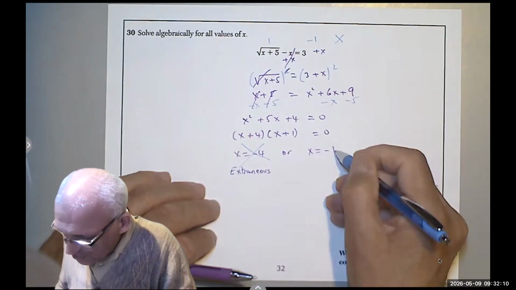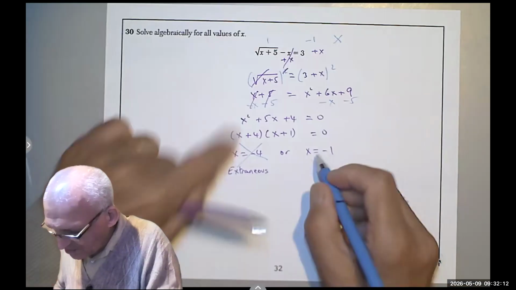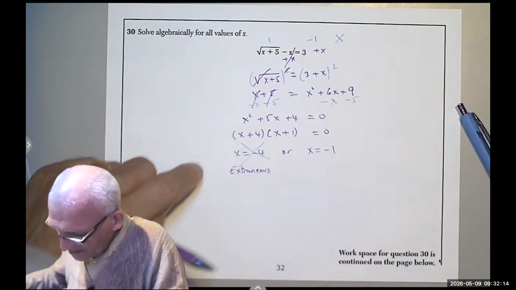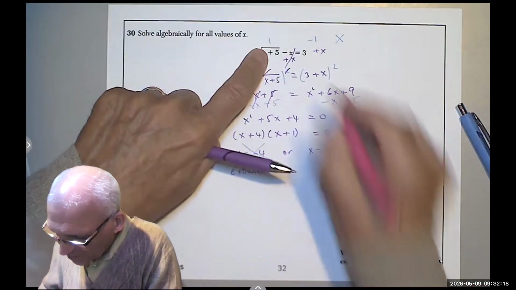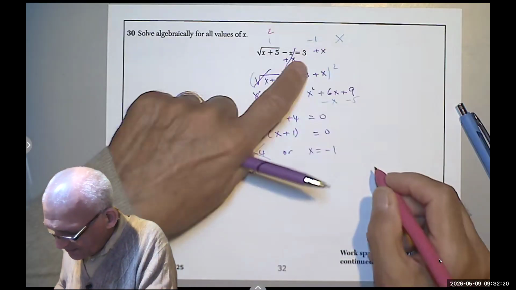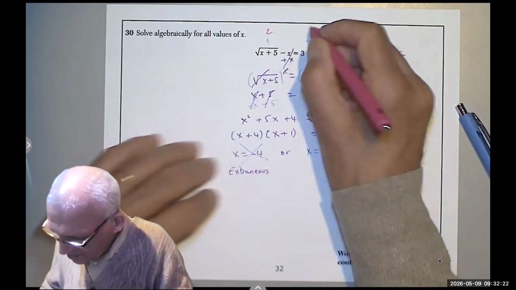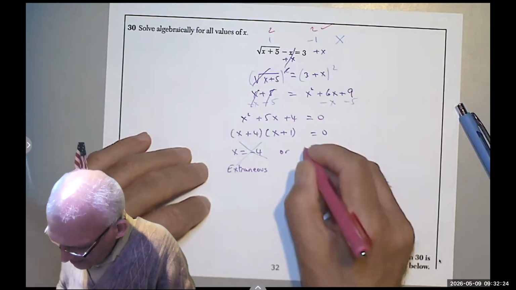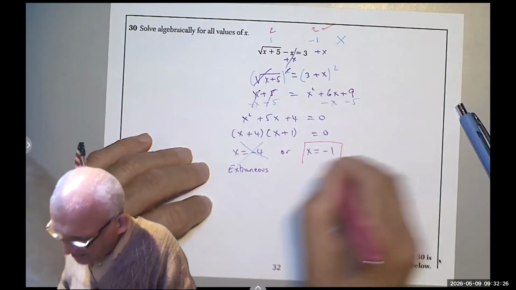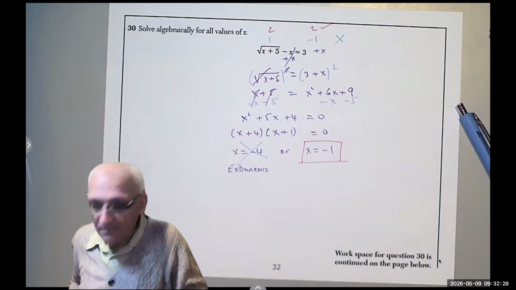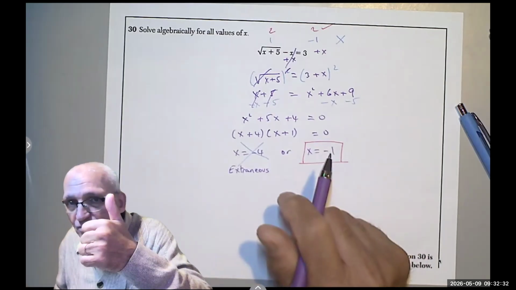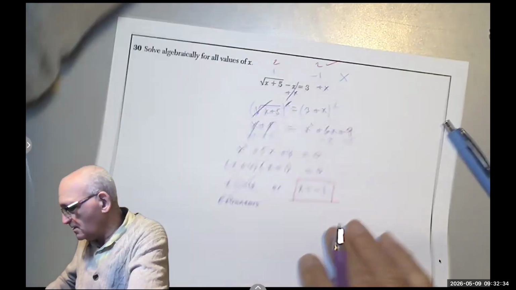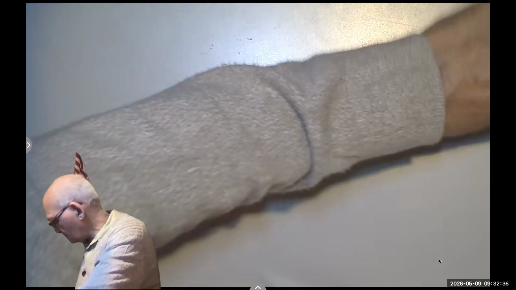And then I substitute with negative 1 just for the sake of argument. So negative 1 plus 5 is 4. Square root of 4 is 2. 3 minus 1 is 2. So it's correct. So this is the only answer, x equals negative 1. Extremely important to check at the end in the square root and in the logarithmic equations.